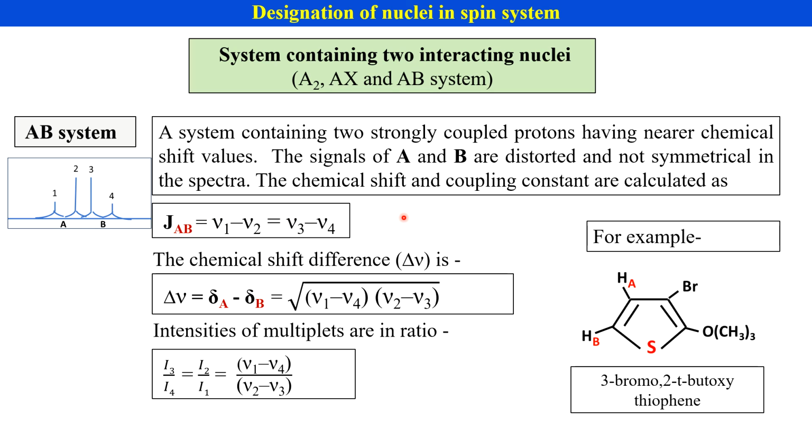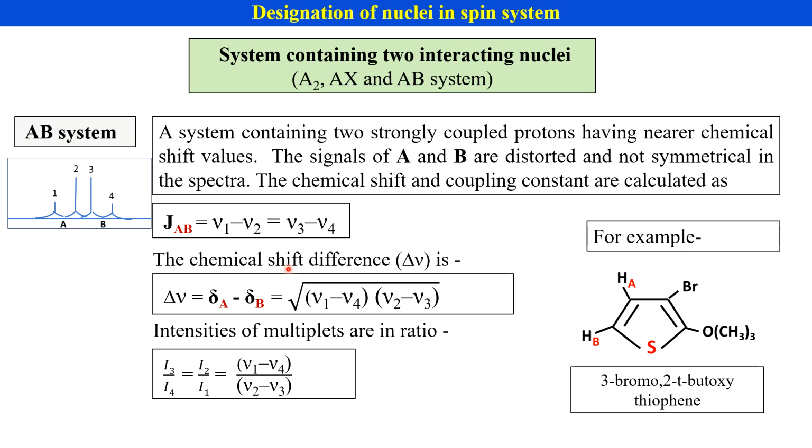In case of the AB system, the coupling constant can be calculated like this. J of AB is equal to nu1 minus nu2, that is equal to nu3 minus nu4. That is the distance between 2 multiplets, or lines, that is nu1 minus nu2 or nu3 minus nu4.